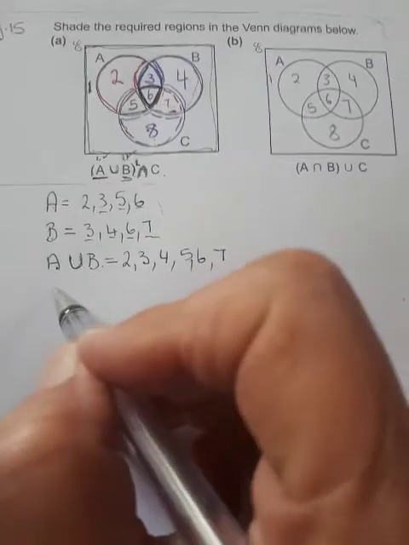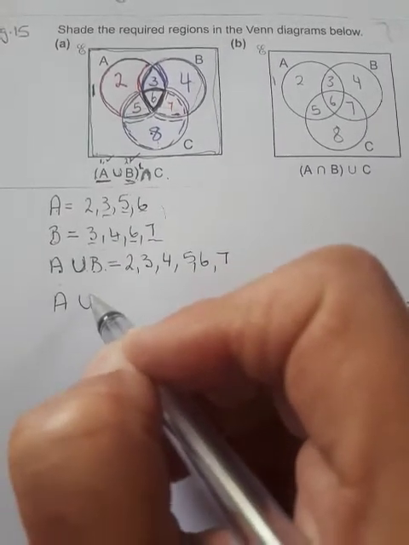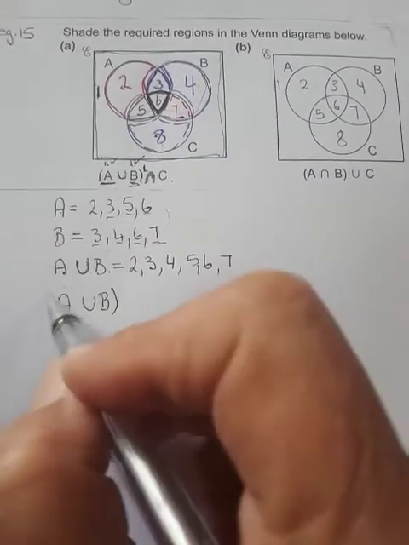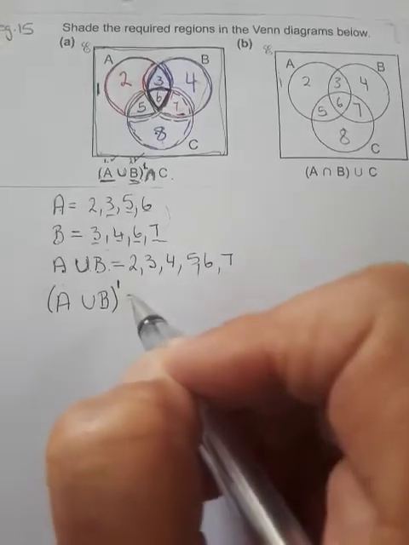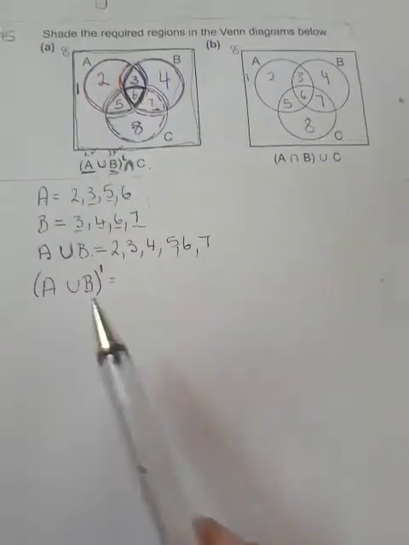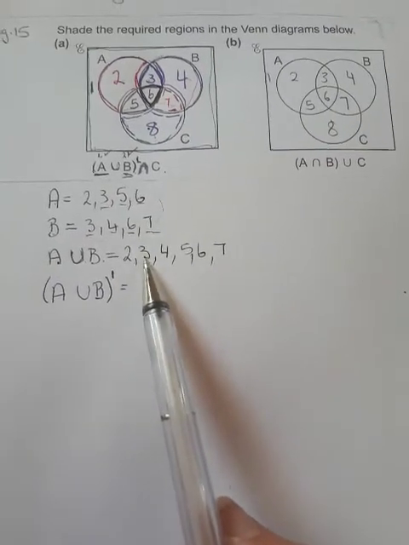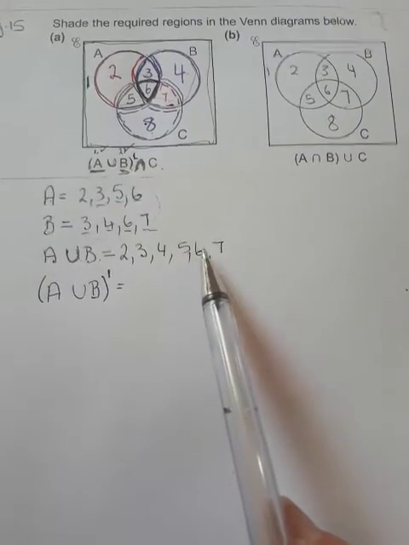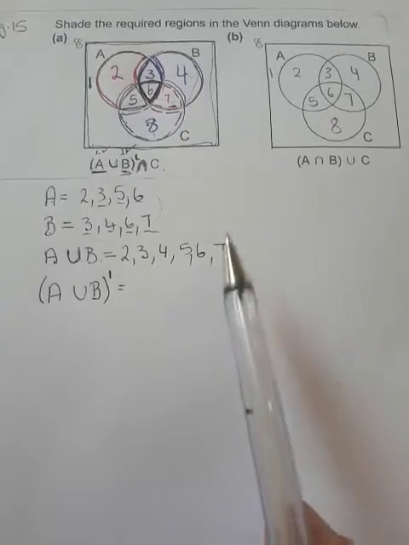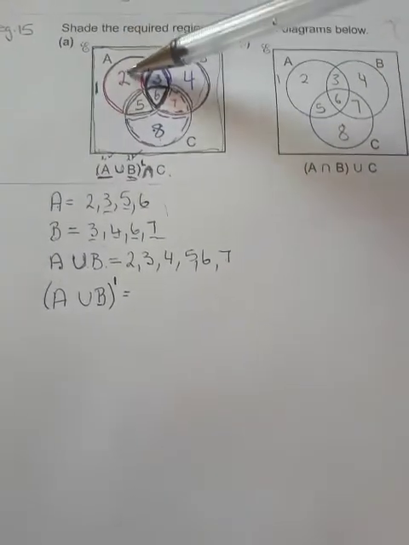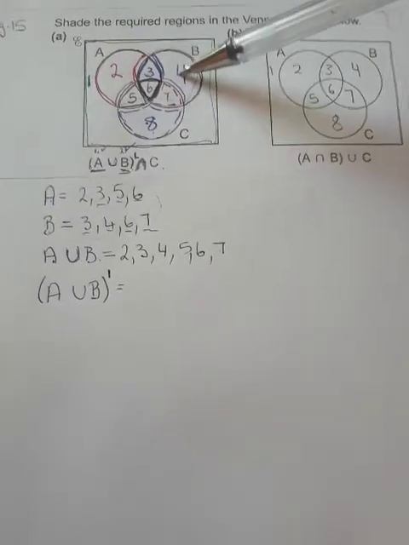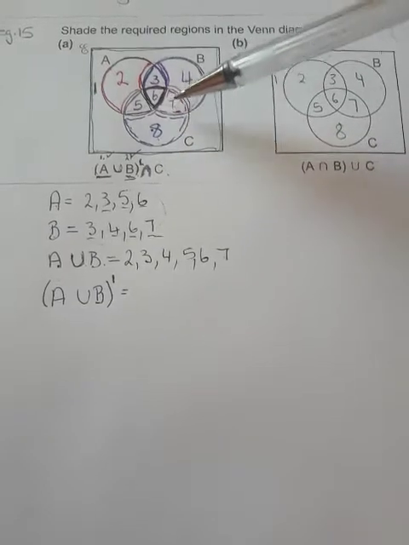Right, now we go to A union B complement. Remember, complement means everything that is not 2, 3, 4, 5, 6 or 7.